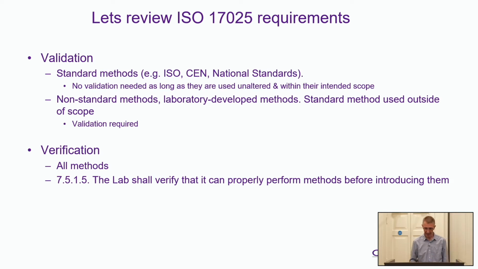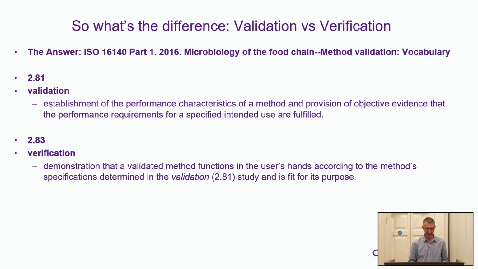Now that brings us into the thought process of, well, what do we mean by validation and verification? What do those terms mean? And the answer to that, the definition of validation and verification, comes in another ISO standard. And it's one that I'm going to be talking about quite a lot over the next few slides. And that's the ISO standard 16140.